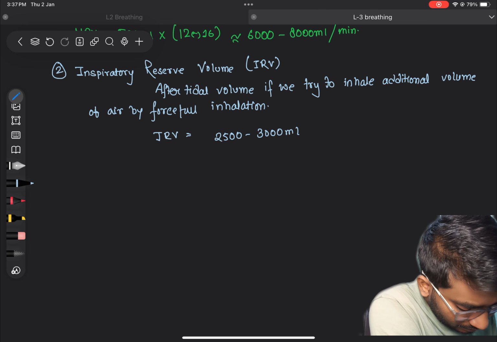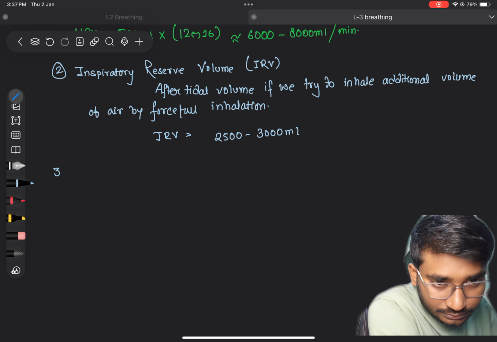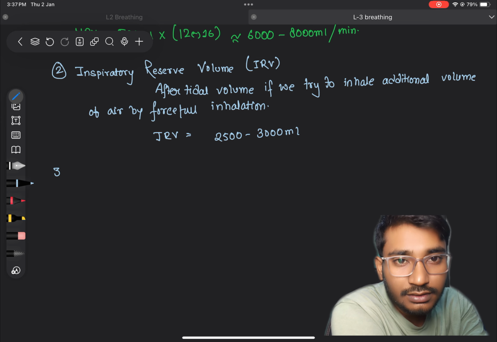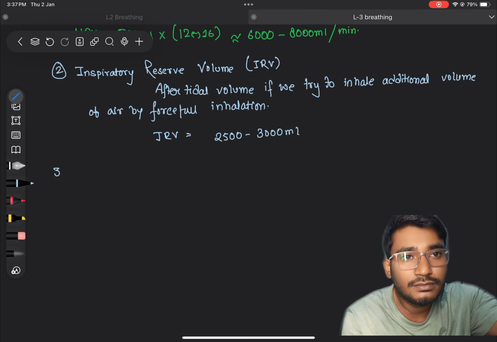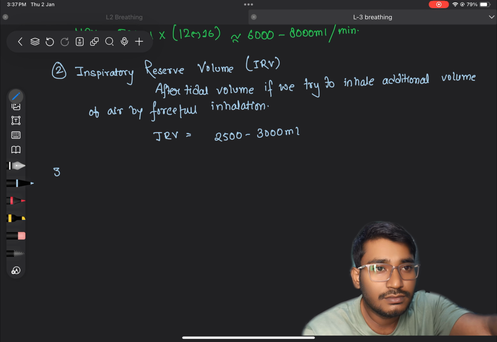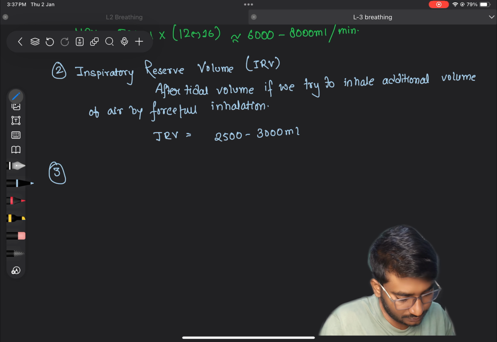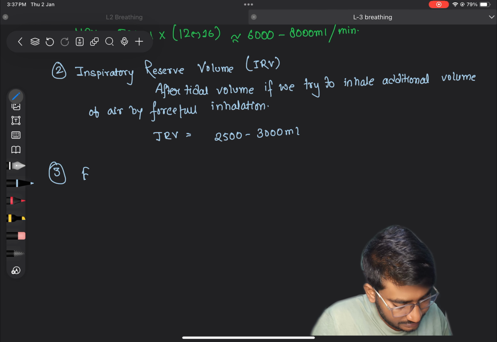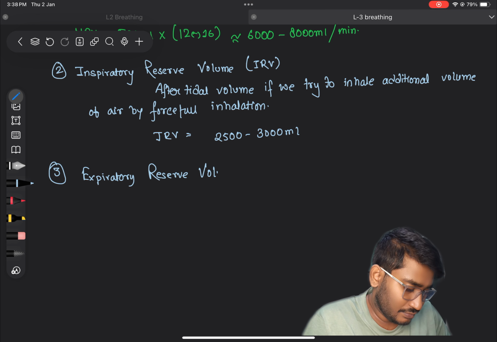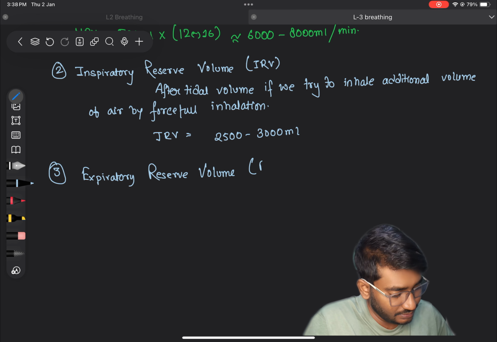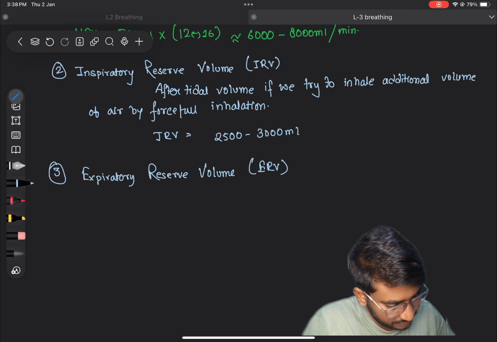Now the third is the expiratory reserve volume, ERV.